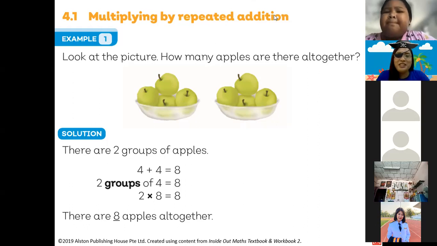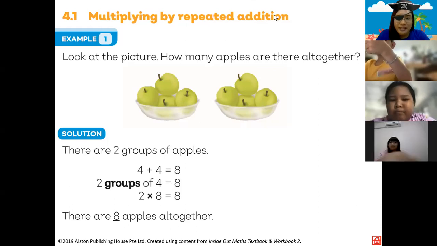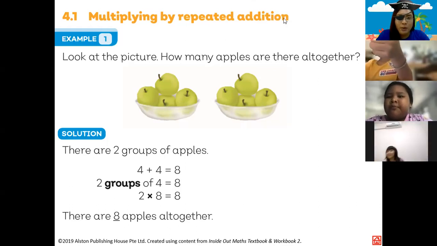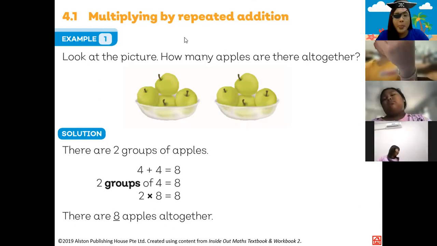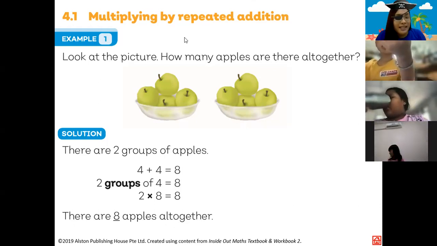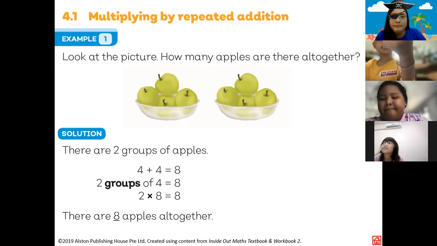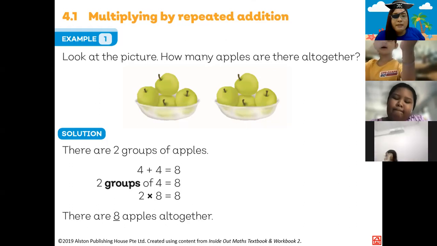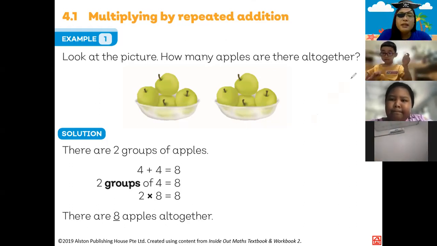Okay, thank you, Teacher Jel. Let's continue class. All right, so for this afternoon's lesson, we will learn about multiplying by repeated addition, okay? So this one is quite easy. So we have example number 1. Look at the picture and how many apples are there altogether? So we have group 1 and we have group 2.